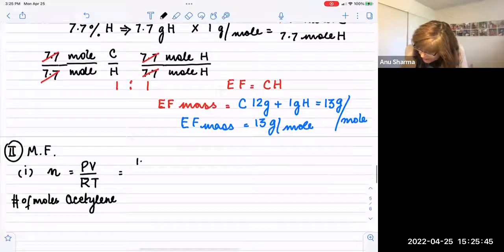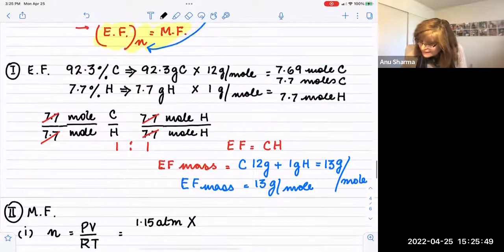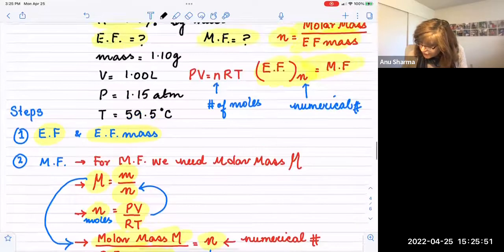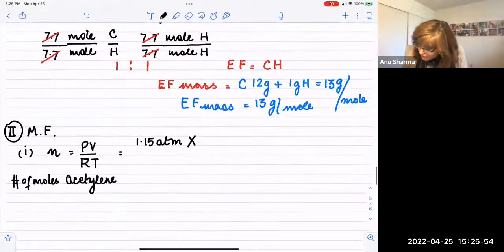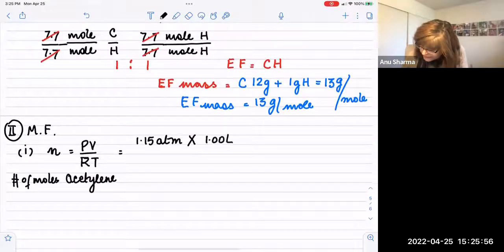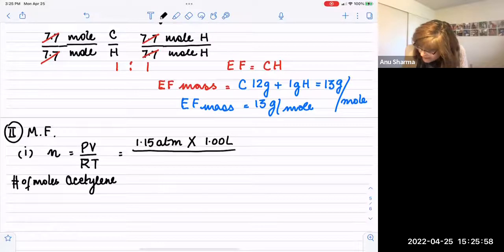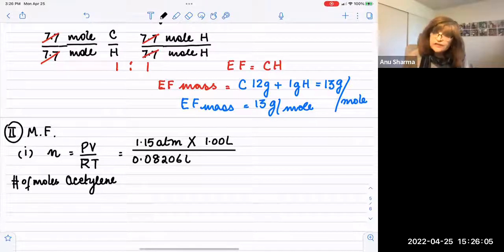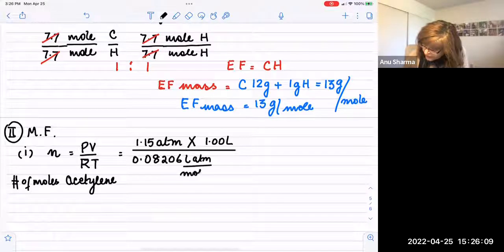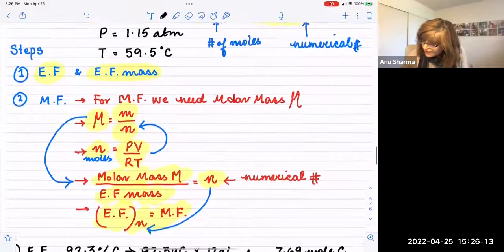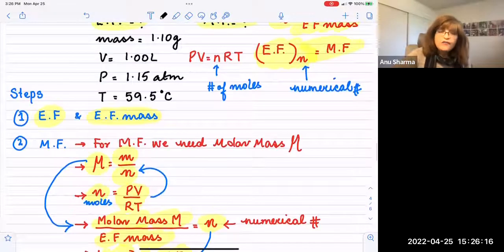So put this down here, 1.15 atm times the volume, 1.00 liters, over the value of R, which is 0.08206 liters atmosphere per mole K, times the temperature.